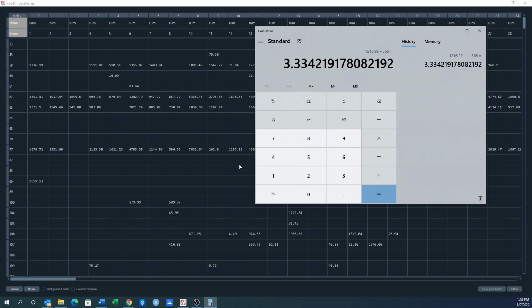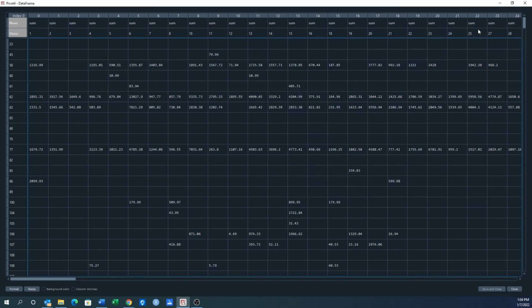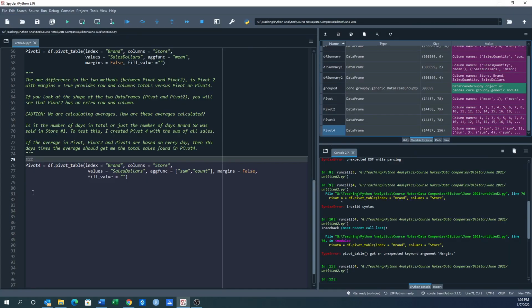I get $3.33 on average per day for that particular brand. So when you use the function mean, it's using the available data that's there, and this data set doesn't have zeros for days where I didn't sell something.